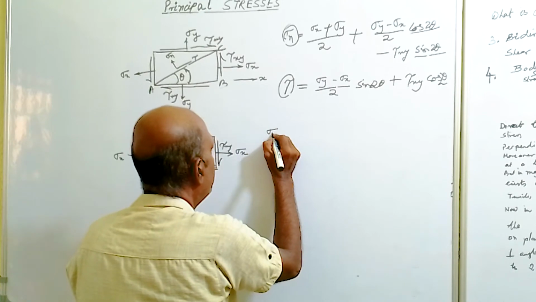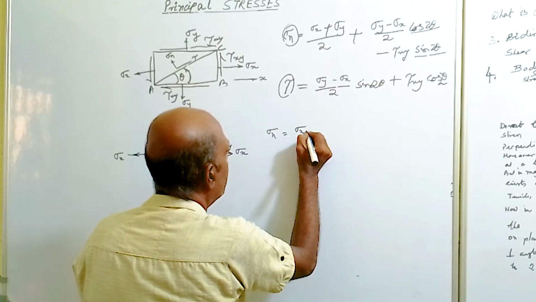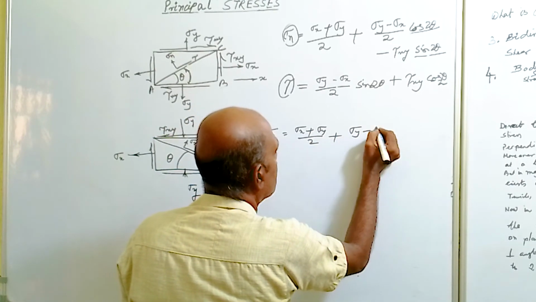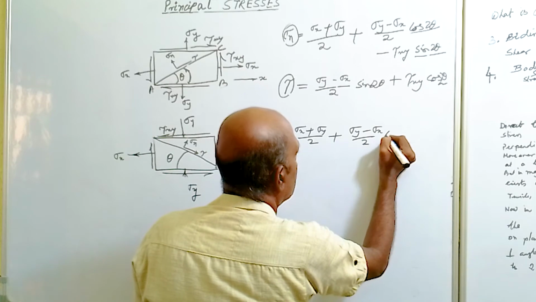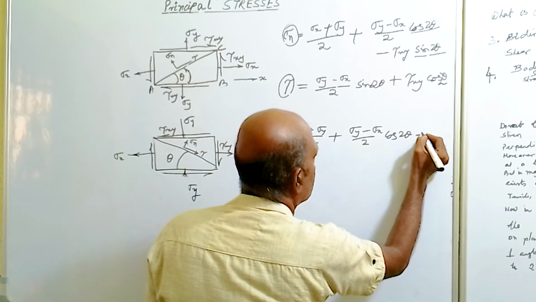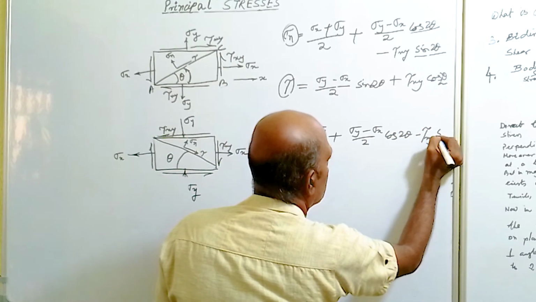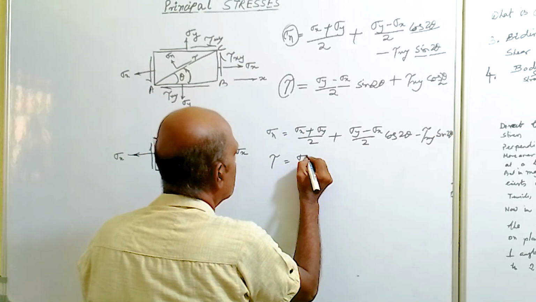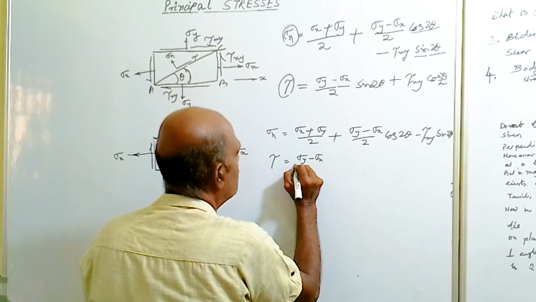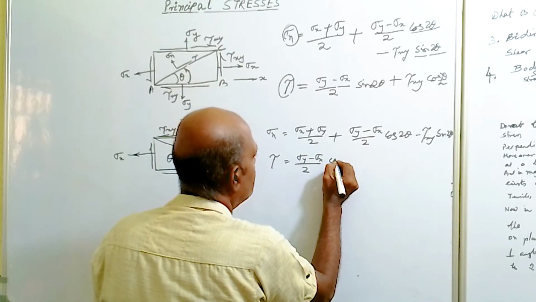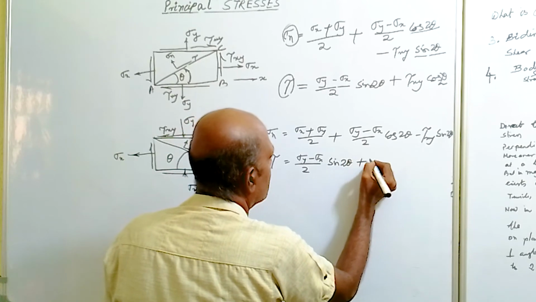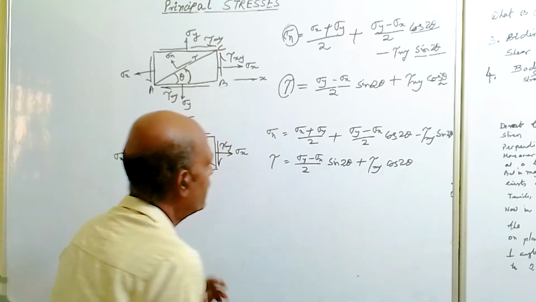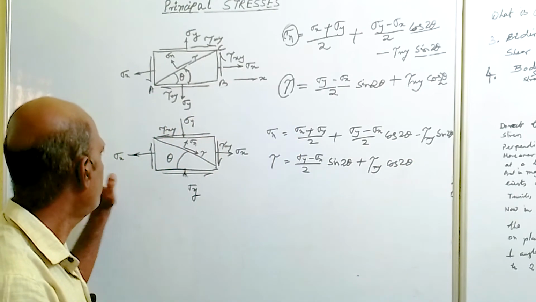Sigma n was given by sigma x plus sigma y by 2 plus sigma y minus sigma x by 2 cos 2 theta minus tau xy sin 2 theta, and tau was given by sigma y minus sigma x by 2 sin 2 theta plus tau xy cos 2 theta. So this was the case. Now one by one we will change.